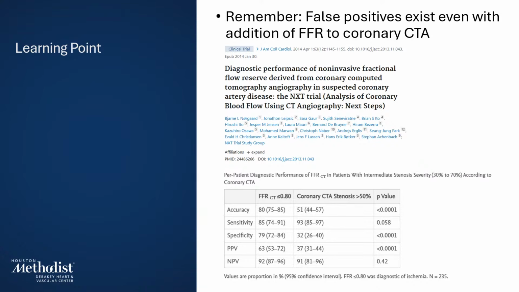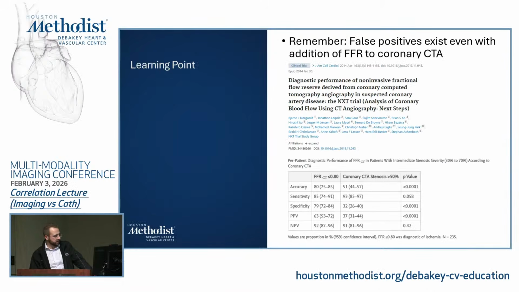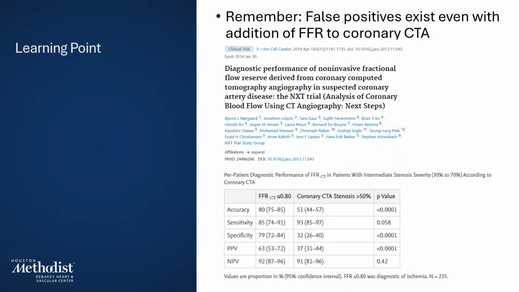If we look at the positive predictive value of coronary CTA in patients with intermediate stenosis, between 30 and 70% stenosis, and this is basically where we need the FFR for help, without the FFR the positive predictive value is only 37%, and when we add the FFR, it increases to 63%. So in around 37% of patients, we can call it positive, but not really have any significant disease on invasive coronary angiogram.